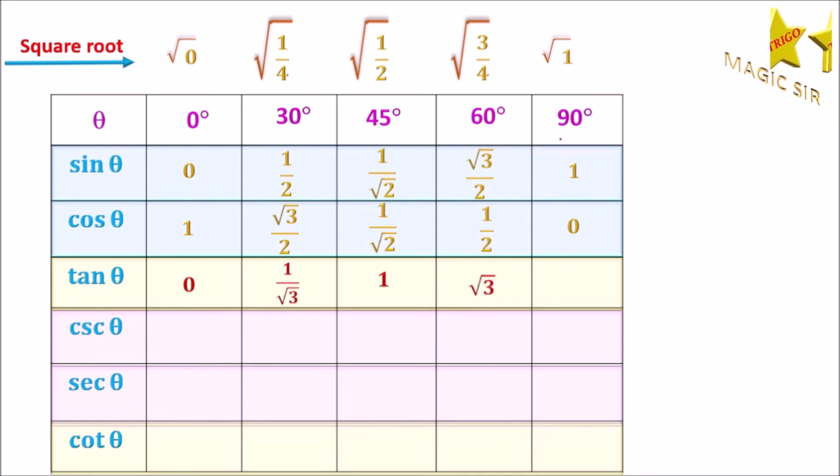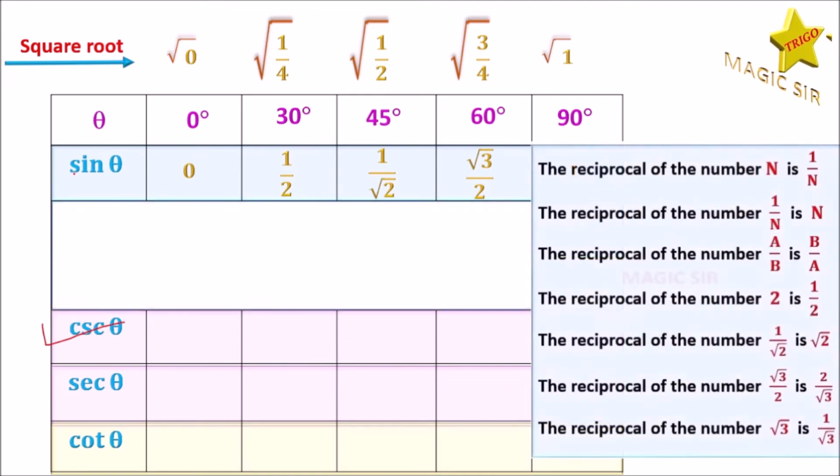For 90 degrees, tan 90 degrees is equal to 1 upon 0, and we know that division by 0 is undefined. So we write tan 90 degrees is equal to infinity. These are the 5 values of tan theta.